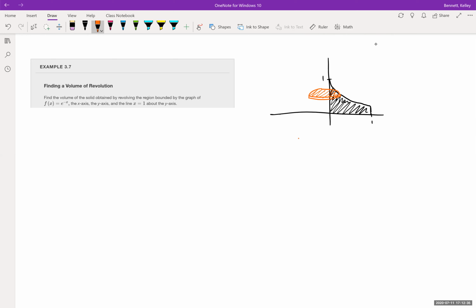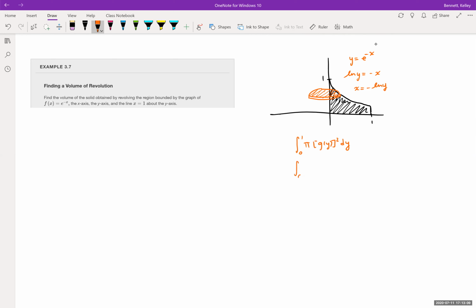So for your disc method, you're going to have the integral from 0 to 1 of pi times g of y squared dy. Because we have that y equals e to the negative x, then we know that ln of y equals negative x, and so x equals negative ln of y.